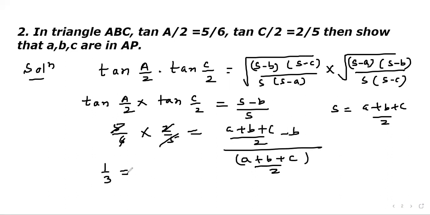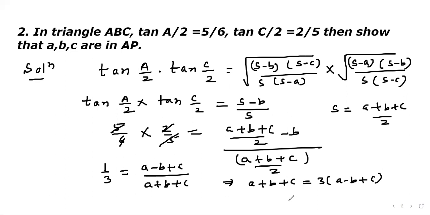So 1 by 3 equals, if we simplify, (a-b+c) divided by (a+b+c). So we cross multiply. So a+b+c equal to 3 times (a-b+c). On simplification, we get 4b equal to 2a + 2c, or 2b equal to a + c. So this implies that a, b, c are in AP.